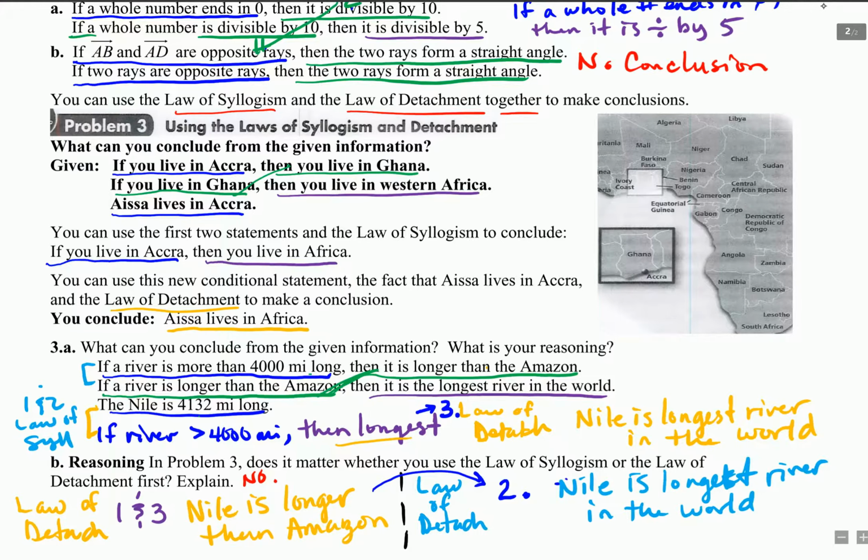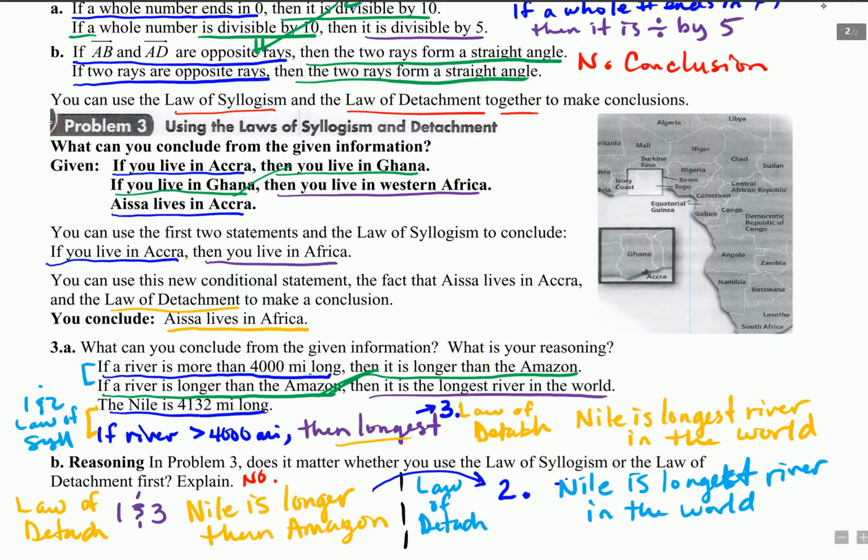So if you're going to use the law of detachment, you have a conditional statement, and your new statement must meet the requirement, must match the hypothesis. If it does, you can state that the conclusion is true. You can make the same conclusion. If you are going to use the law of syllogism, you must have 2 true conditional statements.